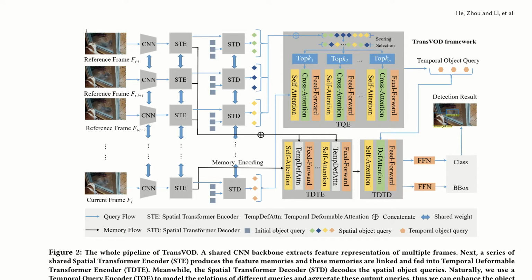To go through this quite large architecture diagram, we have to split it into different components. So the first component is that each frame goes through the same blocks.